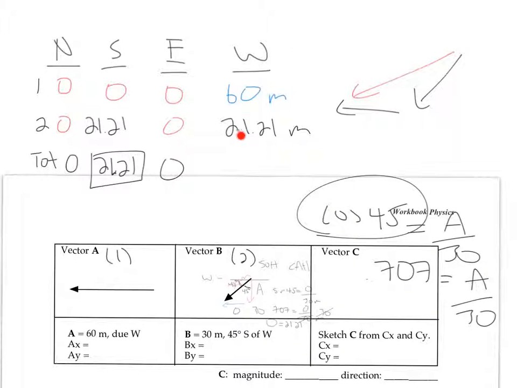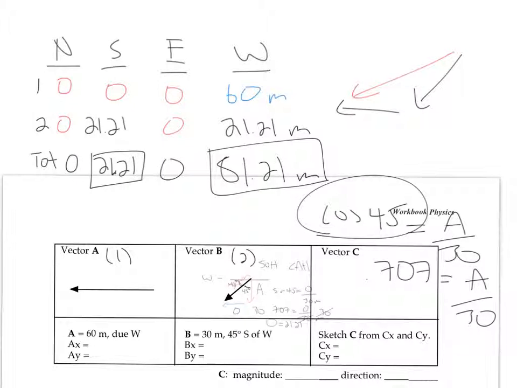And then west here is 81.21 meters, okay? So all that means is at the end of the day, I've got the total southward component of these two vectors together, or we can call this CY, is 21.21 south.